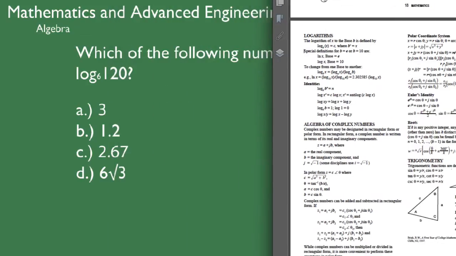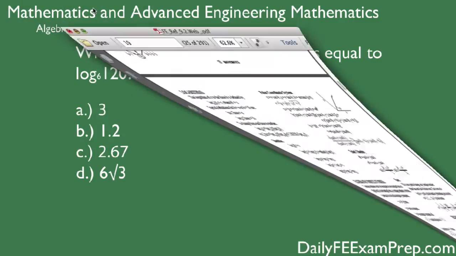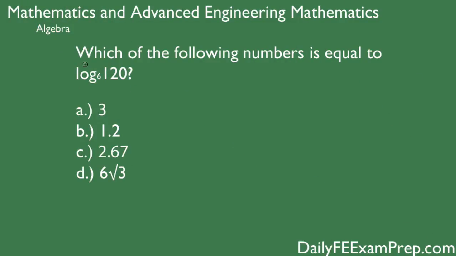If we have our question here, which is telling us that the log of 120 with the base of 6 is equal to what? Let's go ahead and write that down. Our general log equation is log of x to the base b is equal to c, where b raised to exponent c is equal to x.